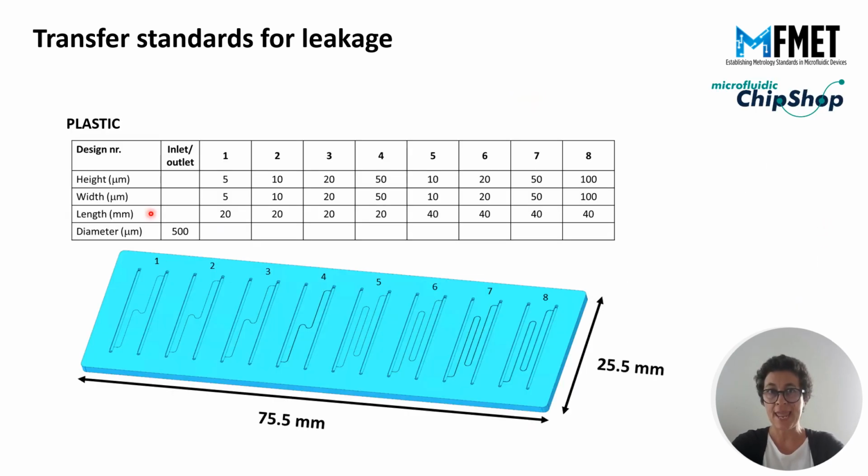And 8 channels were fabricated onto one plastic chip with the leakage square cross-section channel with side dimensions varying between 5 and 100 micrometers. Both the glass and plastic gold standards for leakage testing are available upon request for you to calibrate your microfluidic setup. You just need to get in touch.